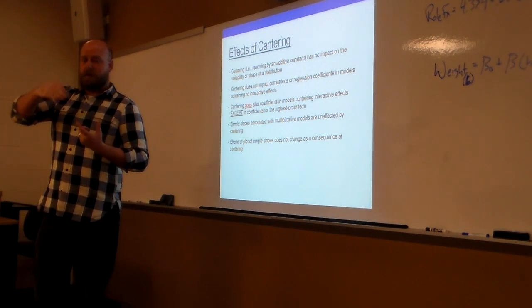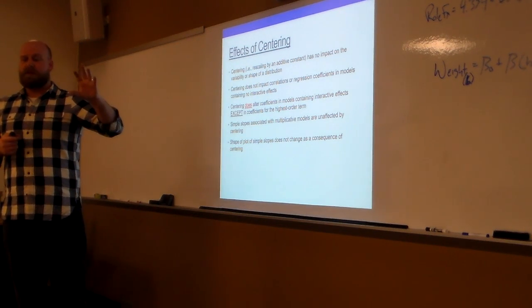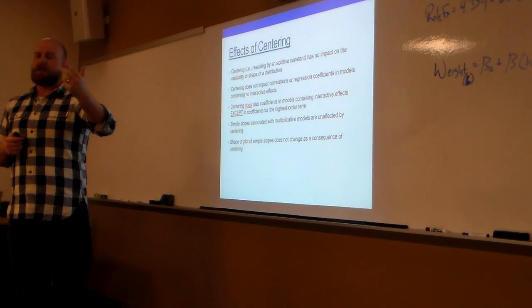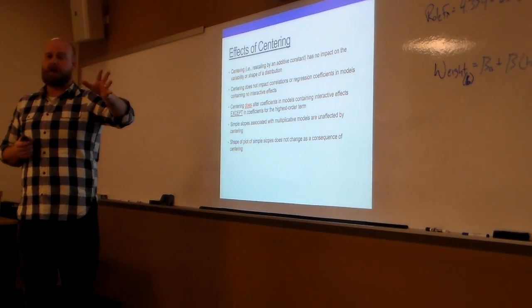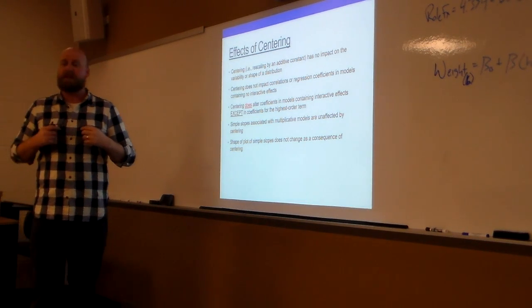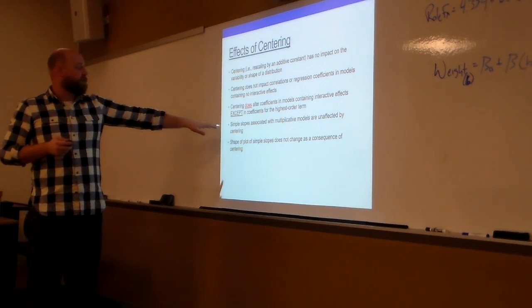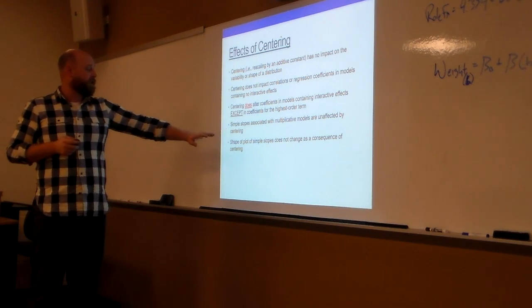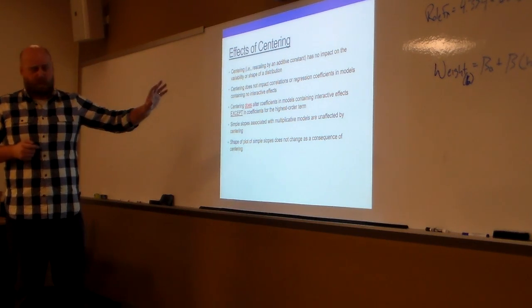And my direct effects or my conditional effects are going to be different. Or if I just have a two-way interaction, then my direct effects or my conditional effects are going to change around whether I center or not, right? And we'll talk about why that is in a moment. But what we see is our simple slopes that we'll talk about are unaffected. The shape of your simple slopes is unaffected.